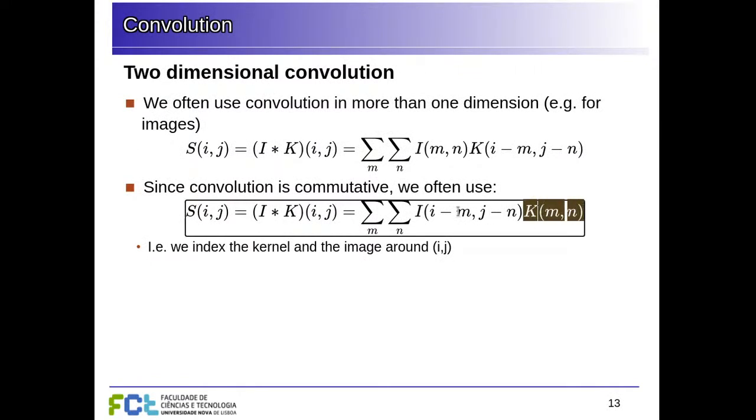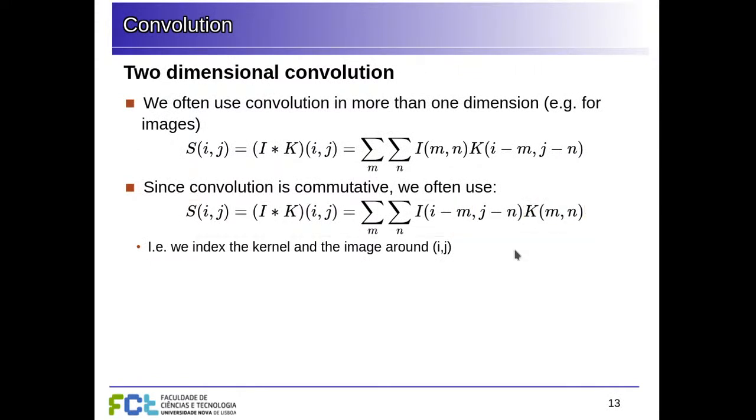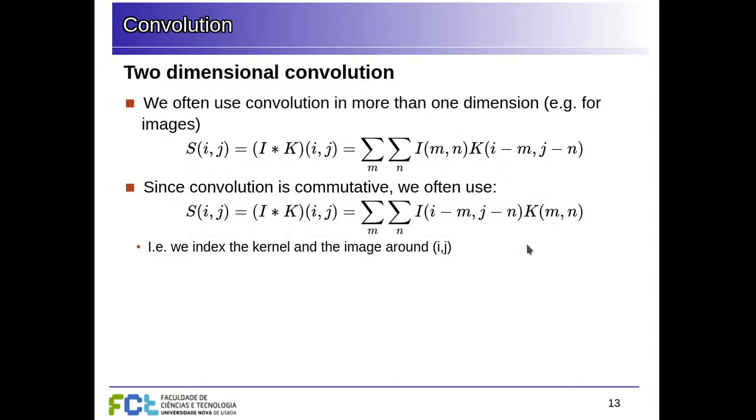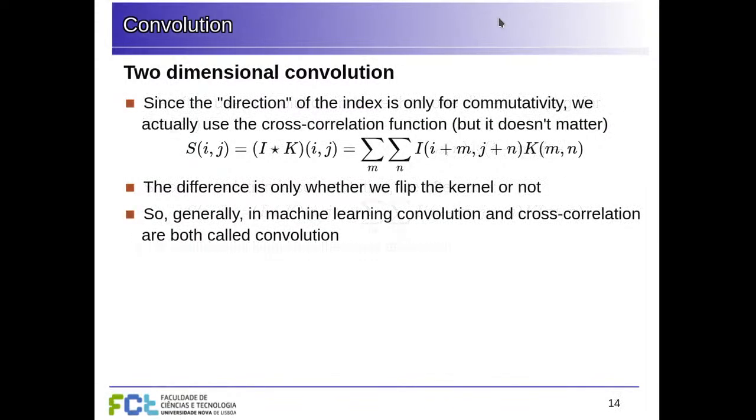We have the kernel sliding with some displacement over the input. The input can have more than one dimension. So in this case, it can be a two-dimensional input, and we can slide the kernel over this matrix.